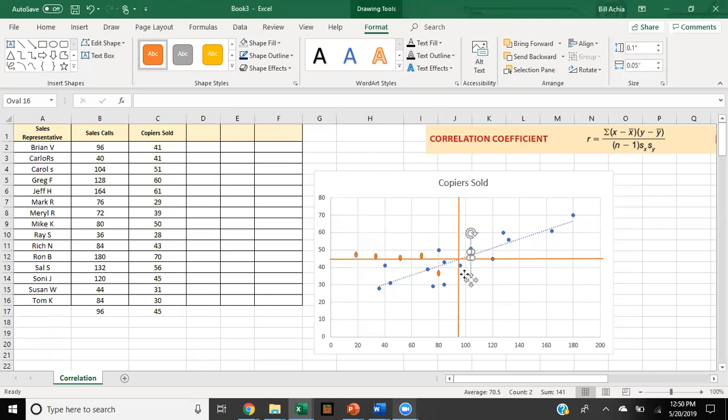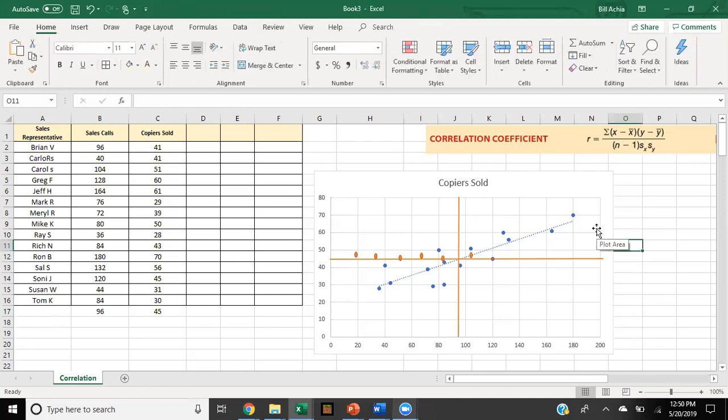With the example that I'm putting up here, I see that I'm making more sales calls, but the number of copiers sold remains the same. So in that instance, it tells us that there's really no relationship between the number of sales calls and the number of copiers sold.